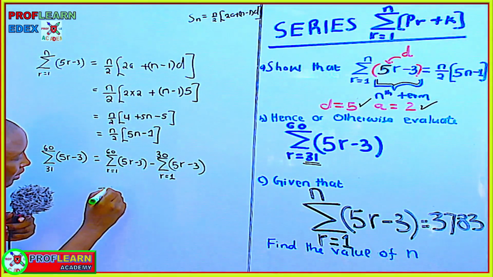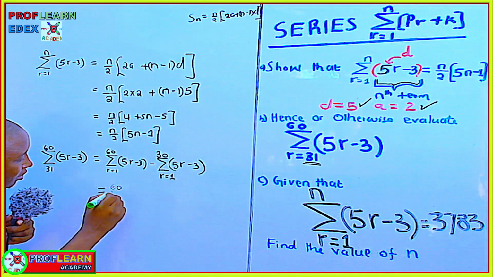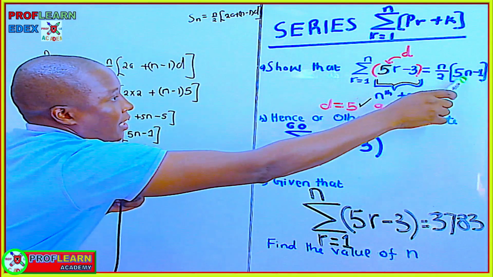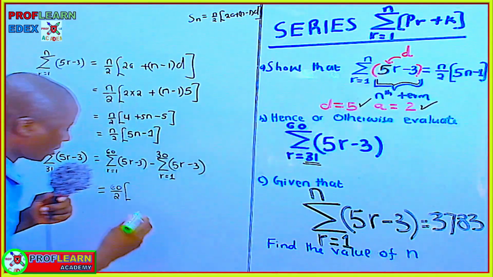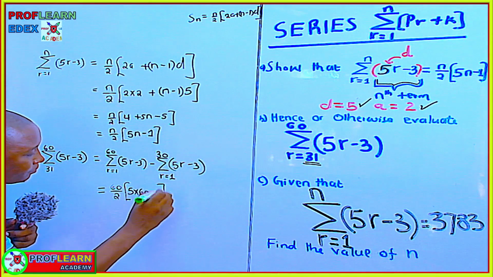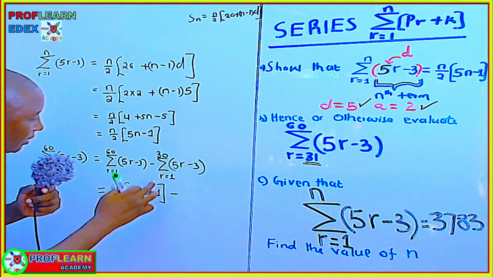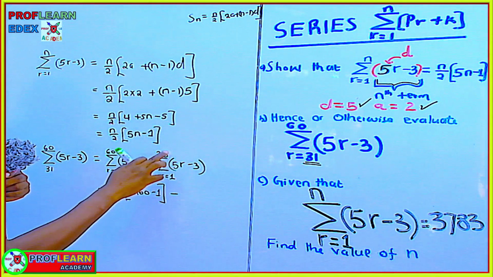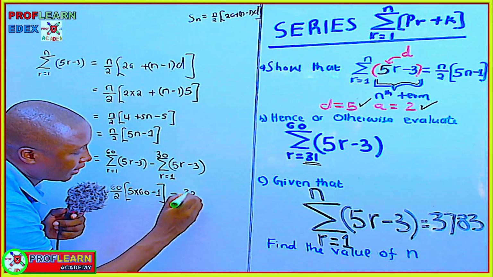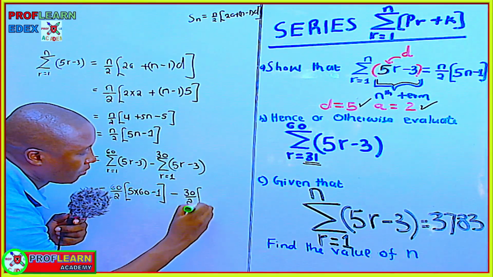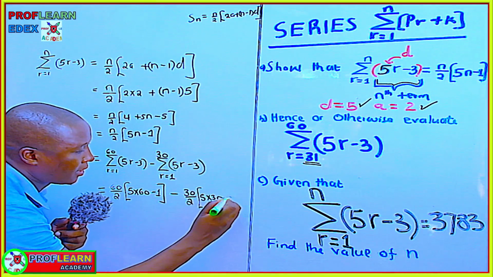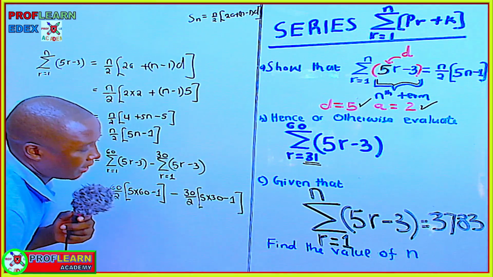Then we are going to say this is 60 over 2 into bracket 5 times 60 minus 1. Then minus, the second one is from 1 to 30. Our n now becomes 30. So we shall say 30 over 2 into bracket 5 times 30 minus 1.